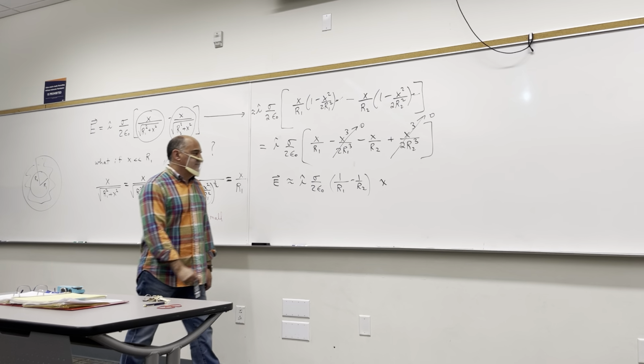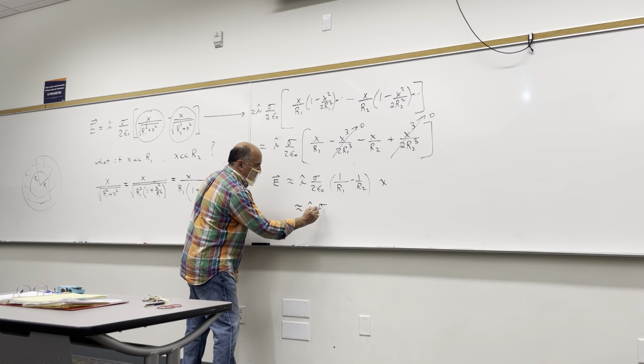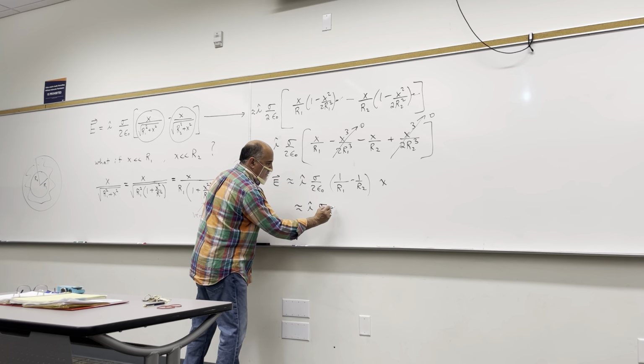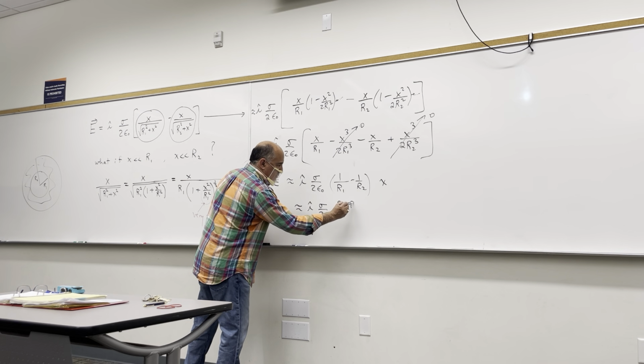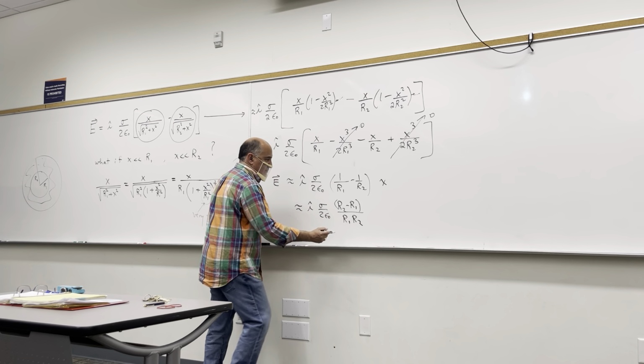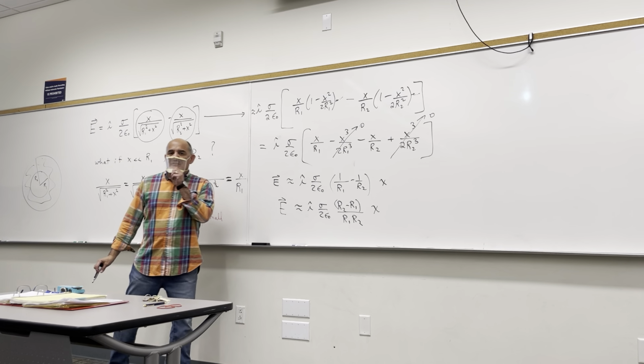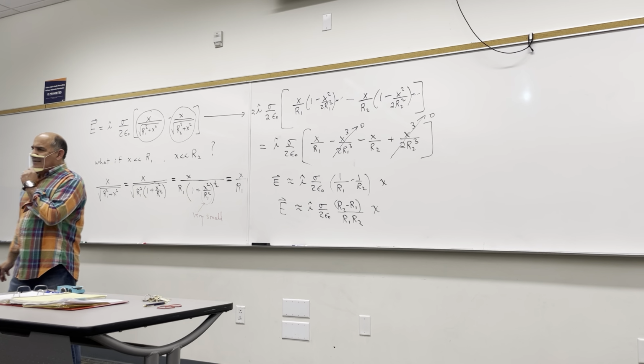Or if you like, you can write this as I hat sigma over 2 epsilon naught, r2 minus r1, the difference between the radii, divided by the product of the two of them, times x. This is the electric field.